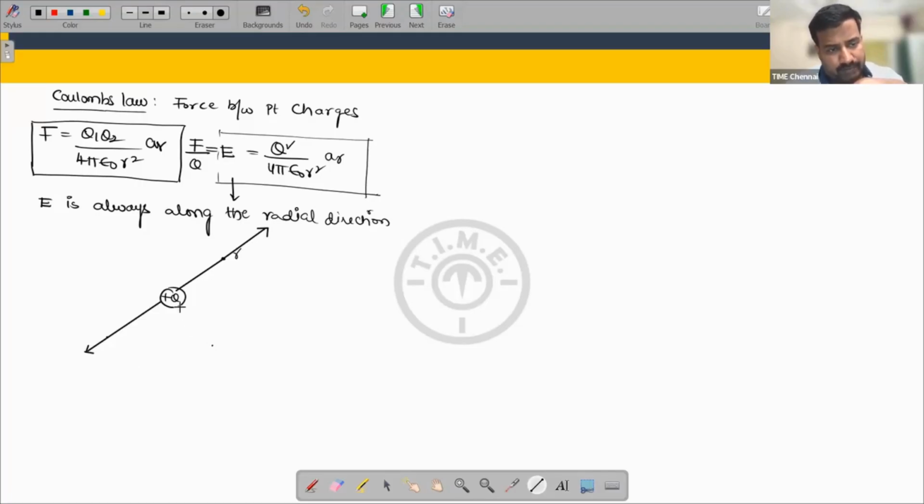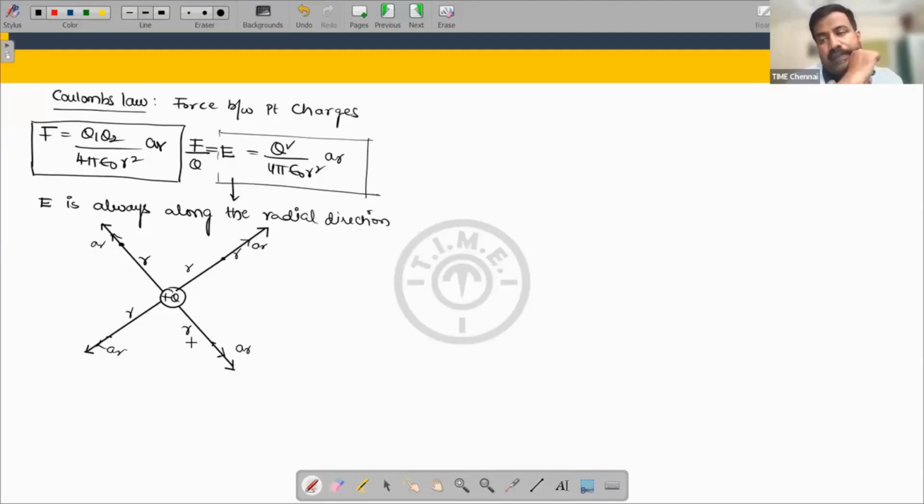If you take one more point, it will be in this way. Clearly indicating that this is R. It is clearly indicating that electric field is always along AR, that is, in the radially outward direction. And this is a very common diagram that you all know.